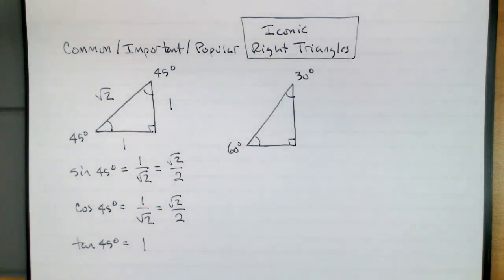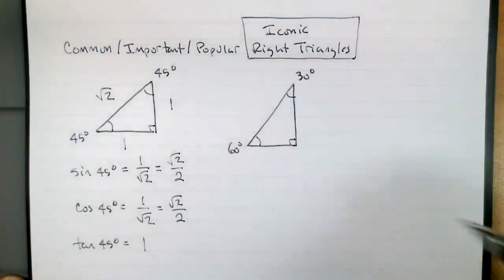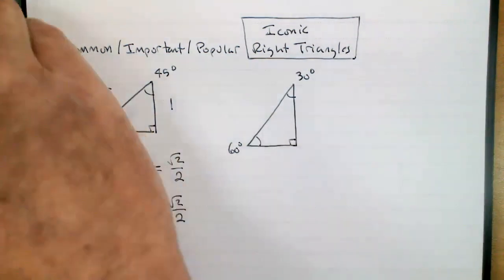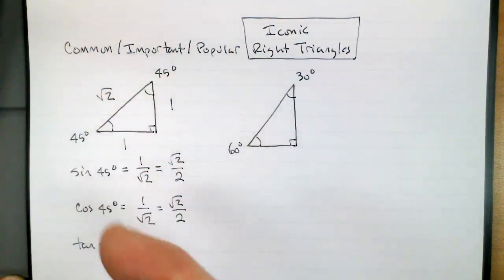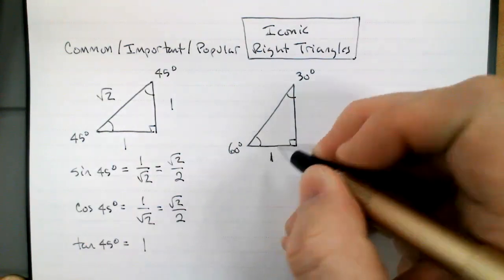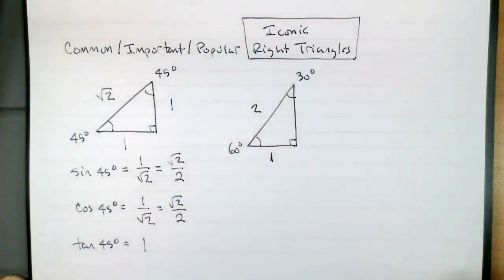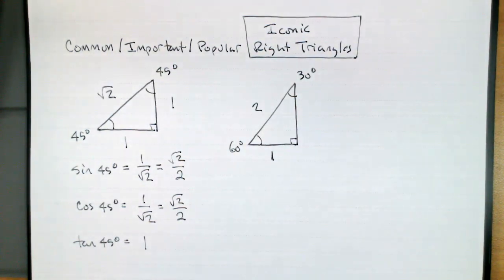Really quickly, on the other triangle, if we think of this as being half of an equilateral triangle with each side being 2, if I drop down from the top, if I bisect the angle at the top, I'll get a 30-degree angle, and we'll cut the side opposite that in half and leave 1.